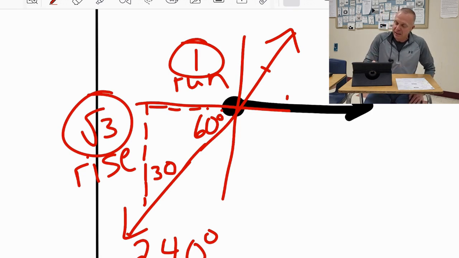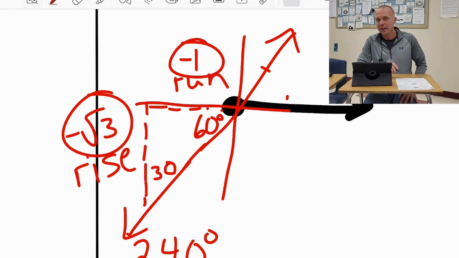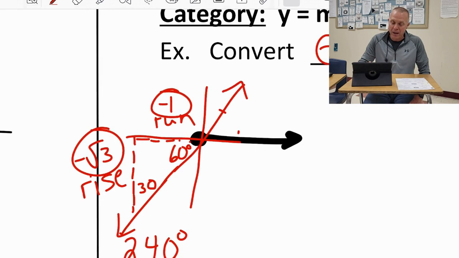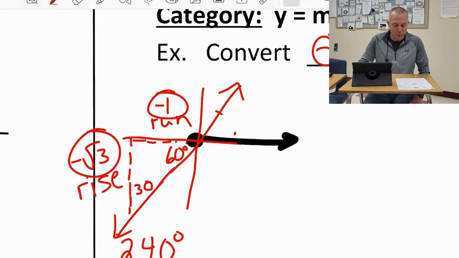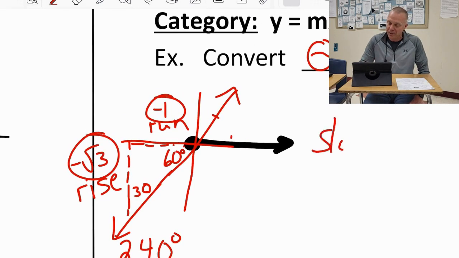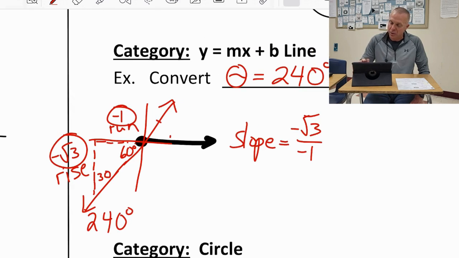Sort of. Technically, isn't this actually a -1 and a negative root 3? Well, technically it is. But nonetheless, my rise and my run are basically the sides of that triangle. So I end up with a slope of negative root 3 over -1, which of course simplifies to be root 3.